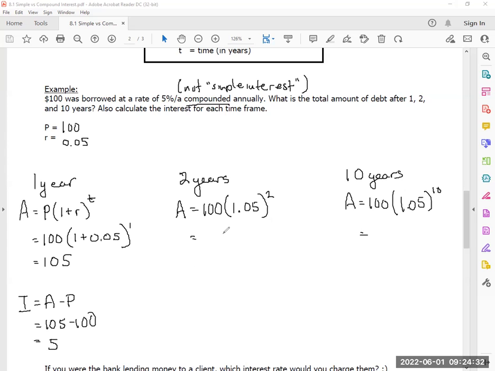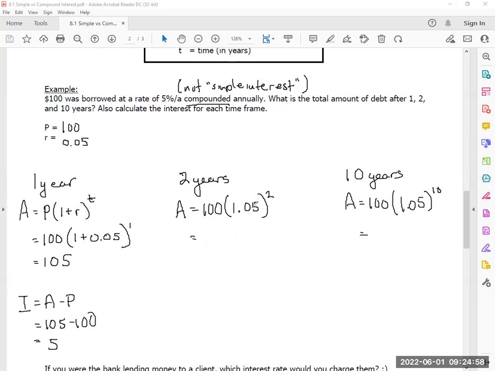I just saw you holding a calculator. Oh, sorry, no, I was just calculating that. It should be something a little bit different. Try it out.